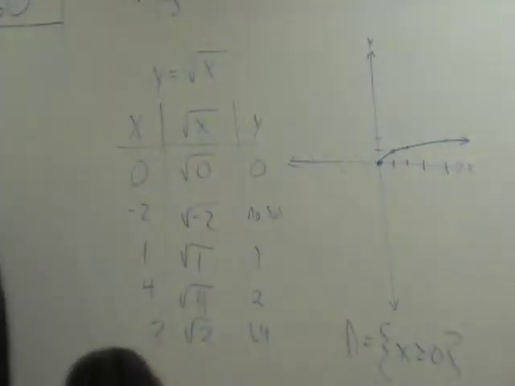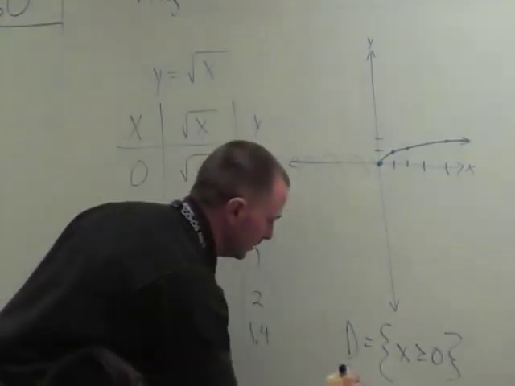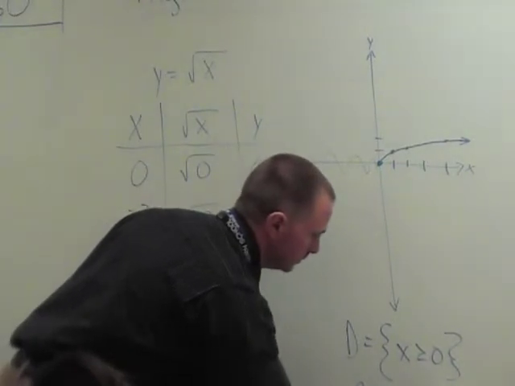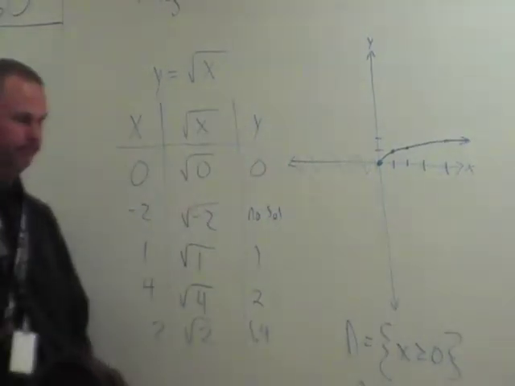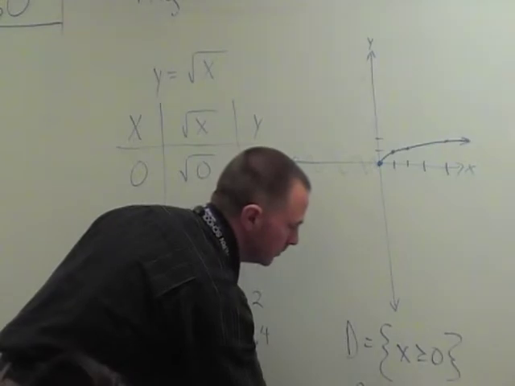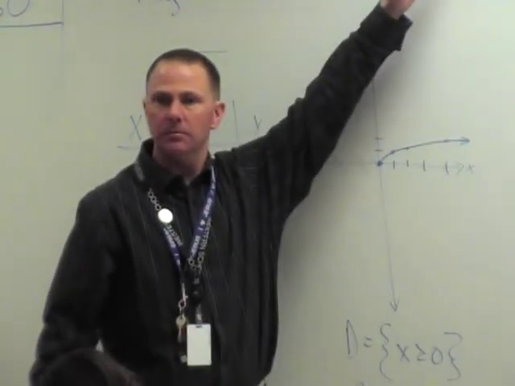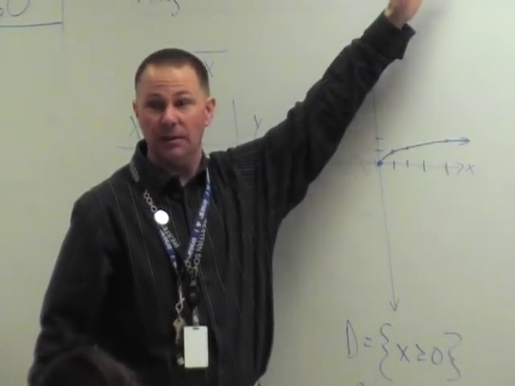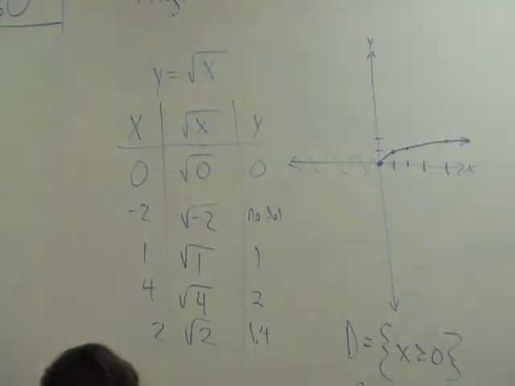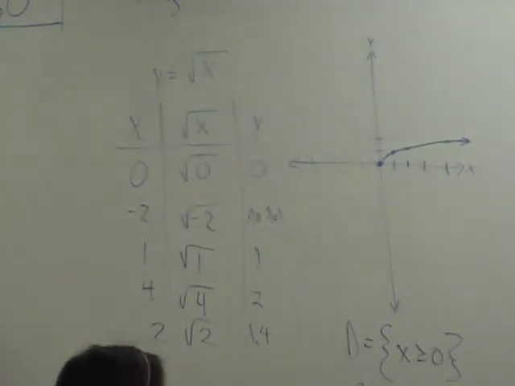Not just greater than, it's also equal. What's the range? Y is greater than or equal to 0. Is the graph ever going to get way up here? Probably. It's going to take a long, long time on the x-axis over here before it gets there.